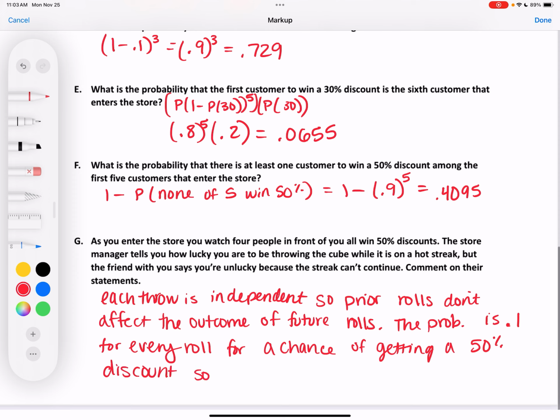So both statements are false. The one that says the streak can't continue, or even that it's a hot streak, is kind of like the law of averages, saying, oh well, it's due to miss because it's hit this many times or whatever.